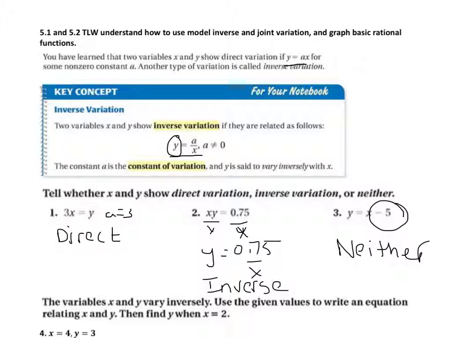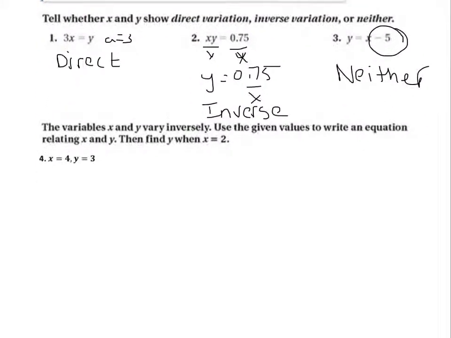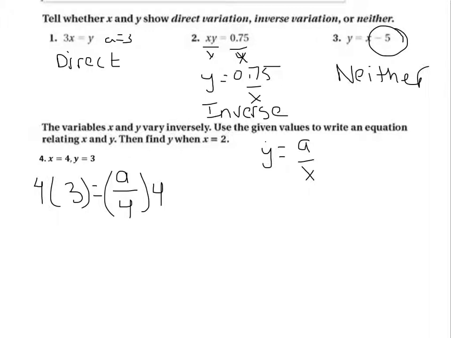Okay. So let's look at these. It says the variables x and y vary inversely. So that means this. Use the given values to write an equation relating x and y. Then find y when x equals 2. Okay, so it says x equals 4, y equals 3. See how it said varies inversely? Solve that for a. So I get a equals 12.